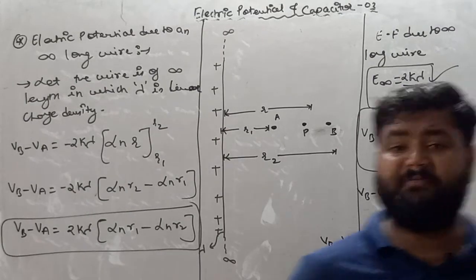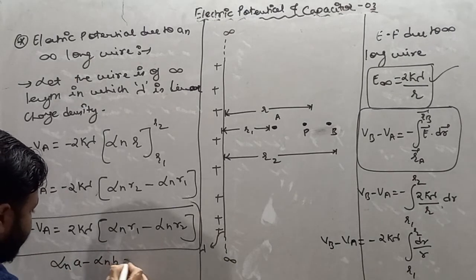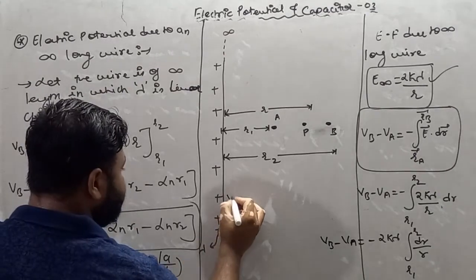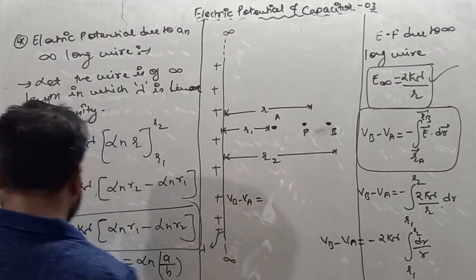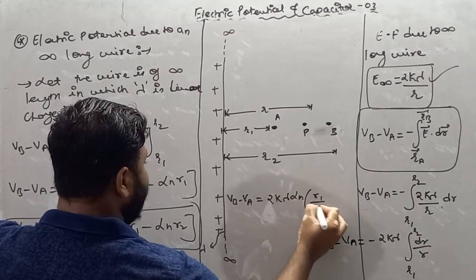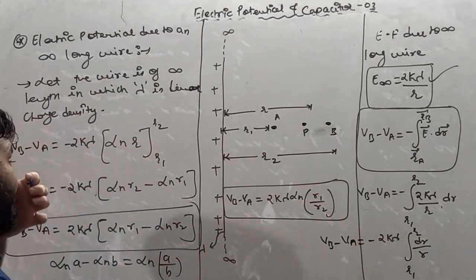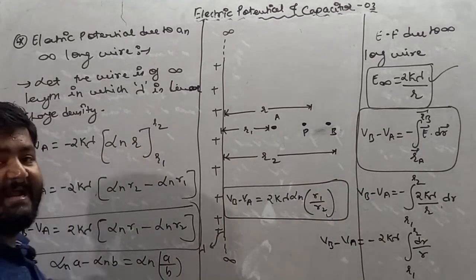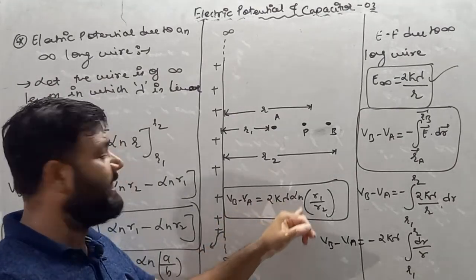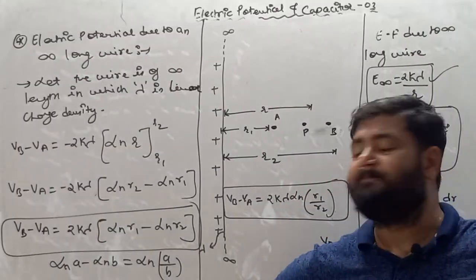Now if you are aware of the property of log, ln A minus ln B equals ln A by B. So we are able to write VB minus VA is equal to 2K lambda ln R1 by R2. So this is the value of electric potential difference due to an infinite long wire. I hope you all understand this concept, my dear student.